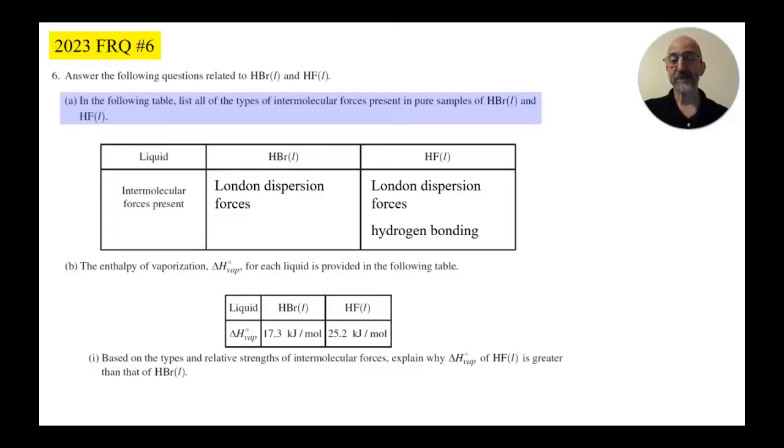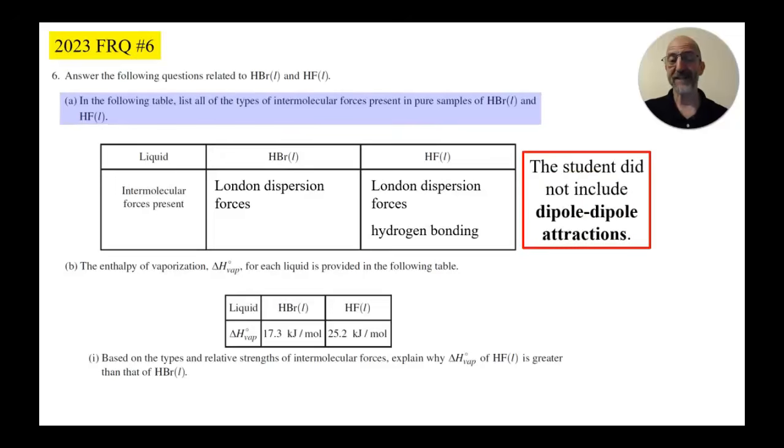I think they skipped one of the intermolecular forces. So hopefully you can see that they did not mention dipole-dipole attractions. So if hydrogen fluoride as a liquid experiences all three of these, London dispersion forces, dipole-dipole attractions, and hydrogen bonding, then you should list all three.